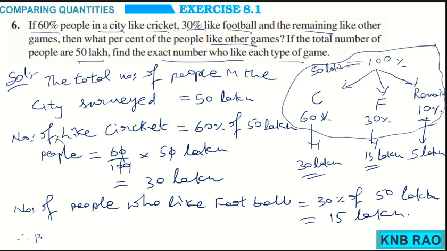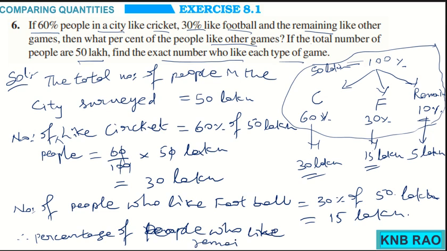The percentage of people who like remaining games is 100 minus of 60 plus 30.